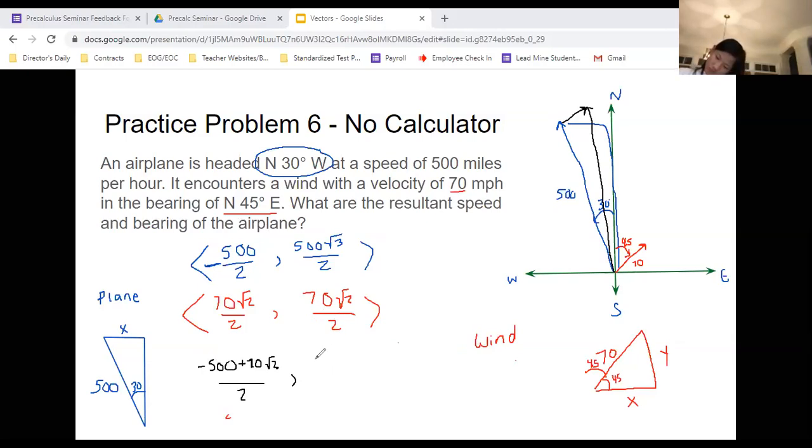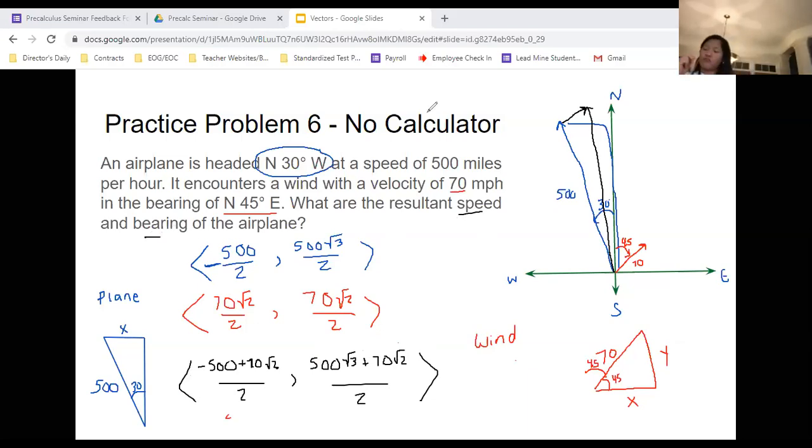And then my y component is kind of a little weird. 500 root 3 over 2 plus 70 root 2 over 2. So that's the component form of my plane with the wind factored in. I need to find the speed and the bearing.